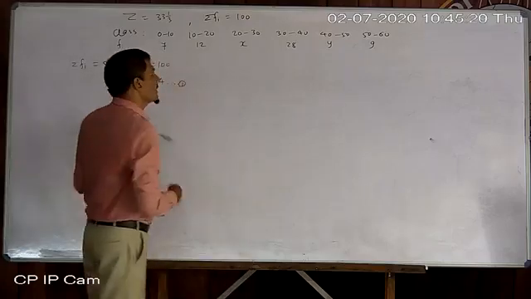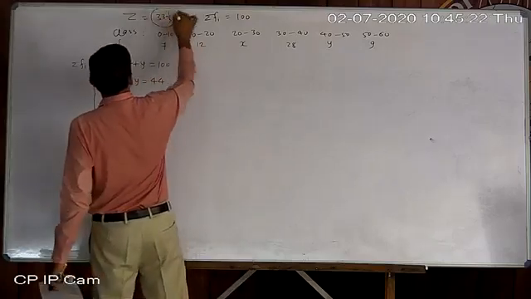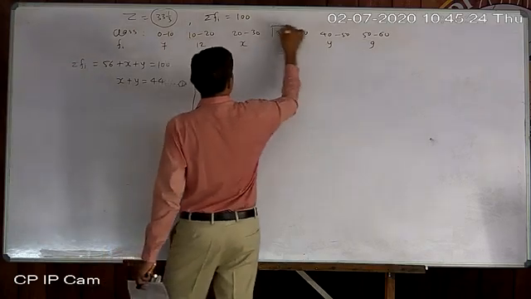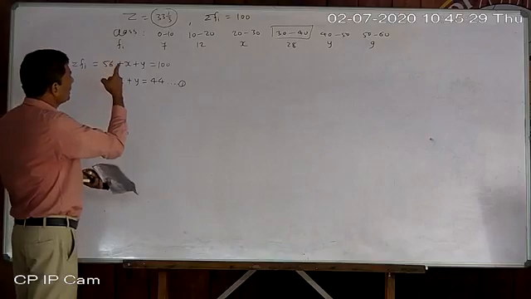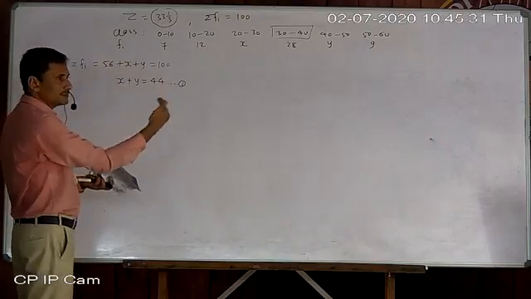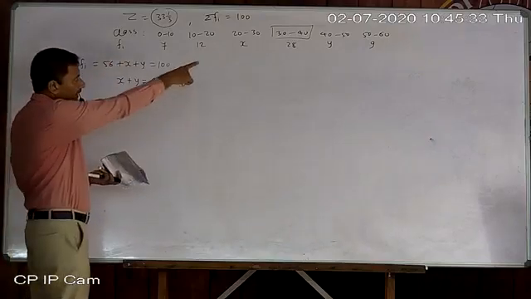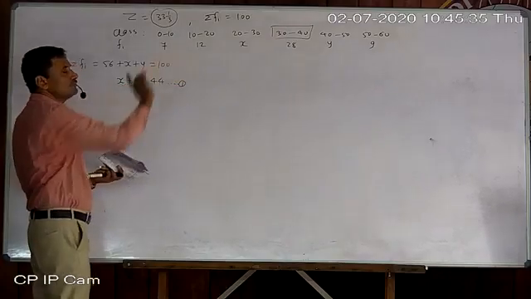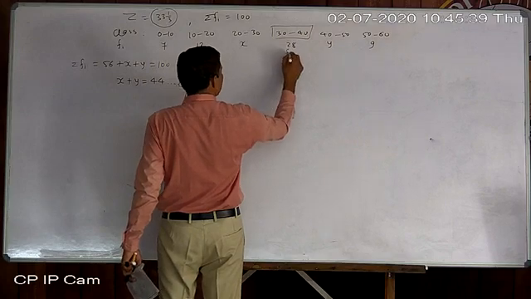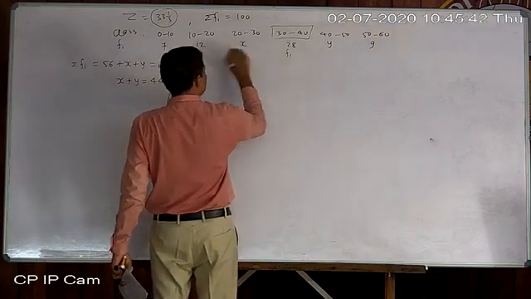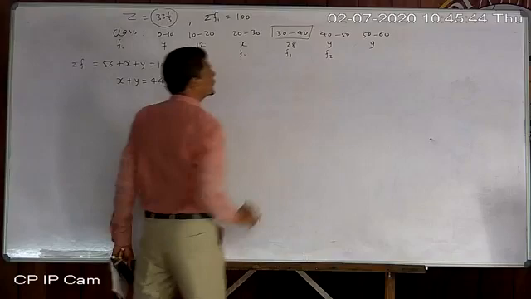If mode is given, we can say modal class is also given. Why? Because 33 and something, means 33.33, will lie in 30 to 40 class. So that is our modal class. So f1 becomes 28, f0 is x and f2 is y.